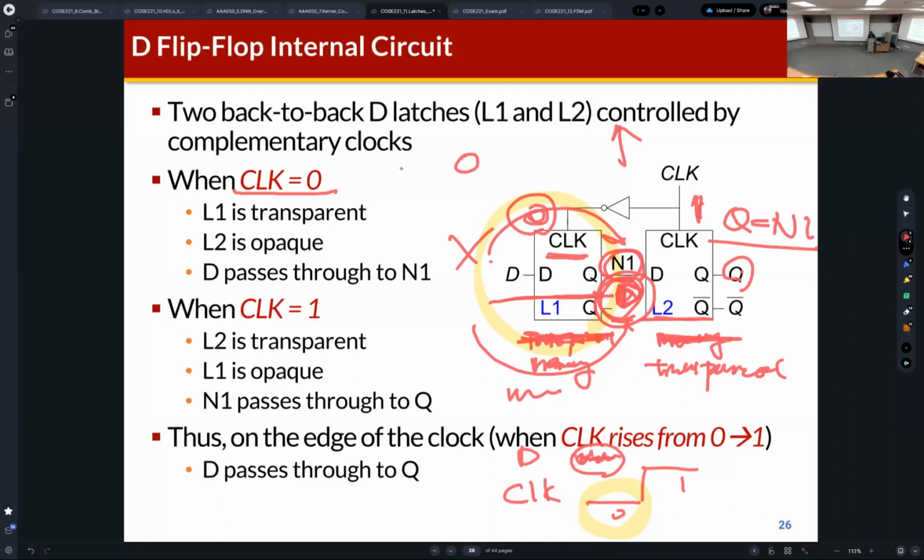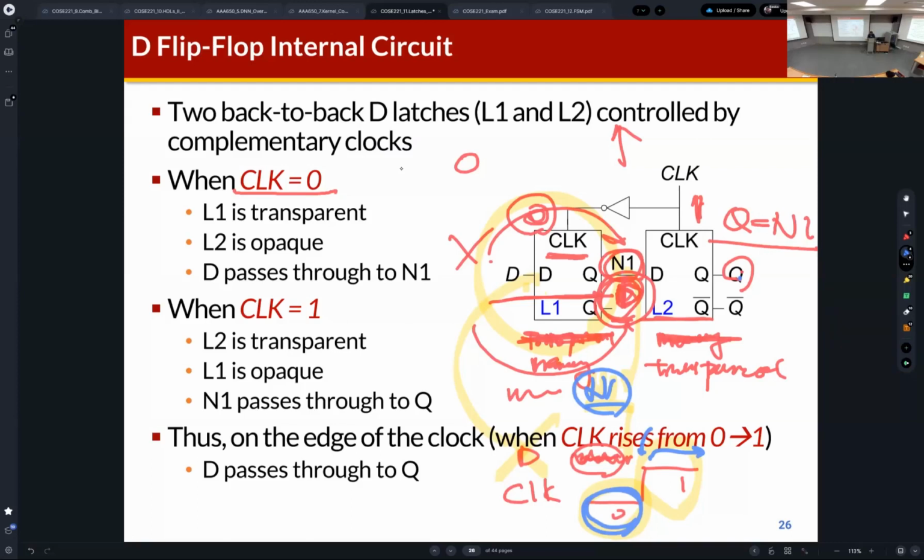The D value is reflected to N1 during this period, but during the other period L1 works like a memory, so D is not transparent to L1, and N1 stores the previous value of D. This value is then reflected to Q. You understand?